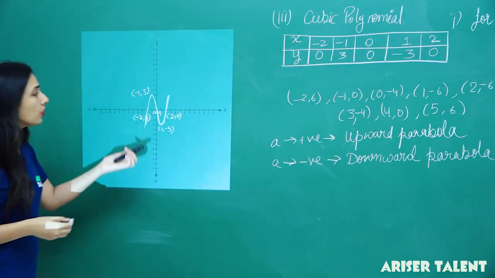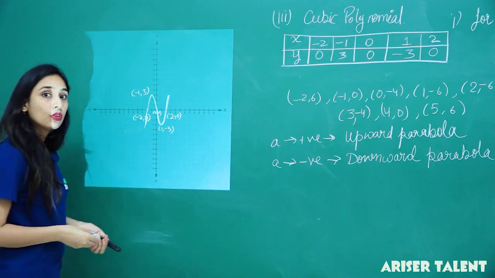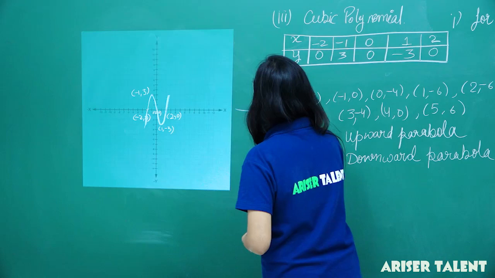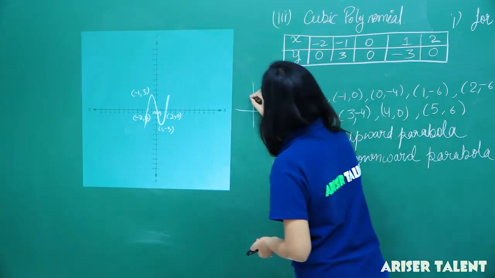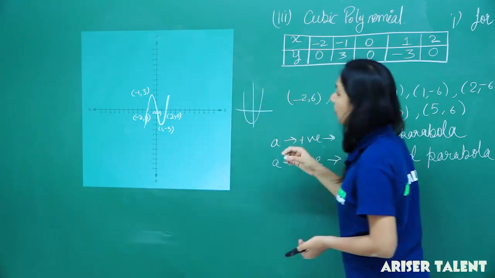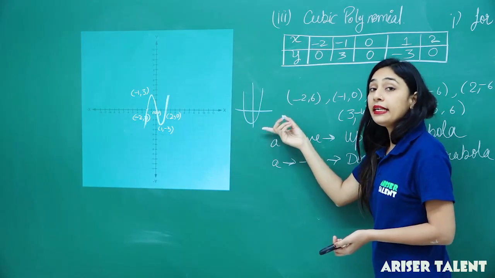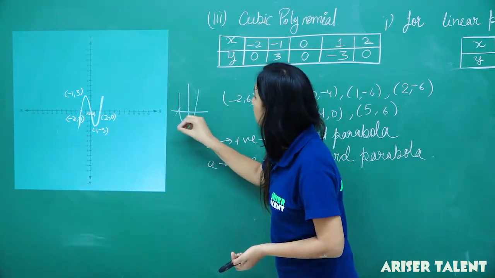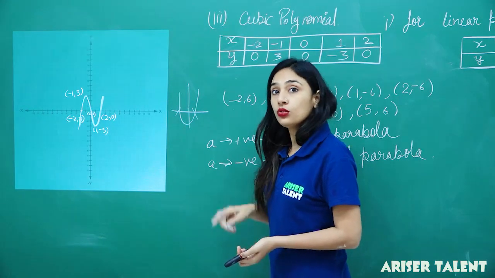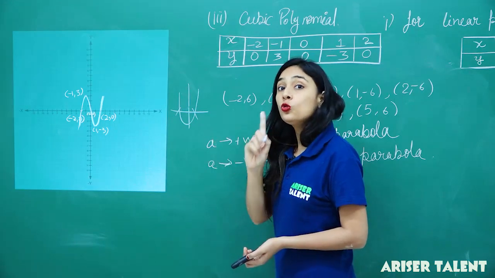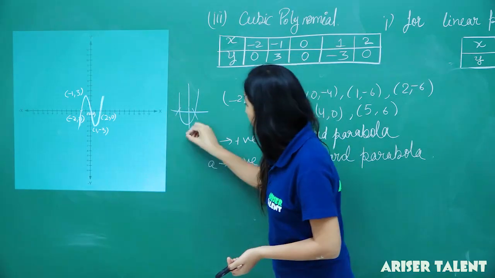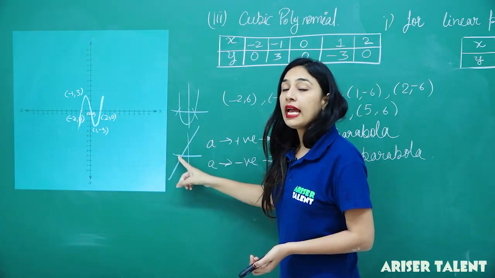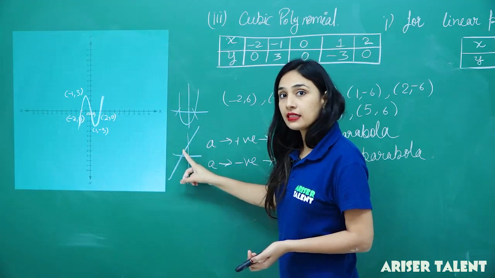Now look at this. The value will go like this. So in the previous question we were having this kind of a parabola and it was cutting the x-axis in two places, 1 and 2. So we were having two zeros of polynomial. In the first one we were having one cut on the x-axis line.